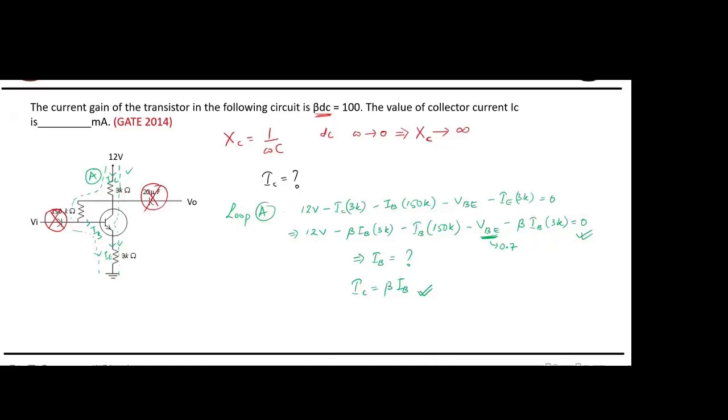Sir, that resistor with 150K, will it be with IB or with IC? That resistor 150 kilo, this one will be with IB.